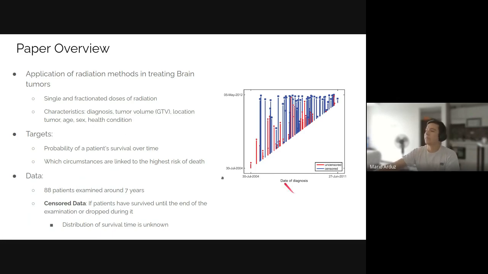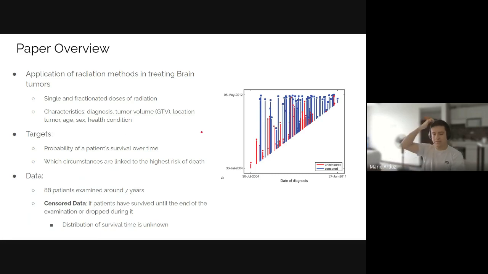Yes. Okay, good. So these red lines represent the patients where we indeed see the true survival time. But these blue lines represent instances where we don't really see the true survival time, either because the examination period has ended, or because they drop out in the middle of the study.